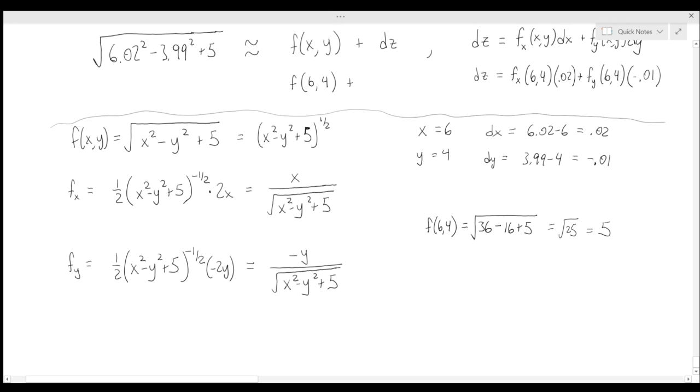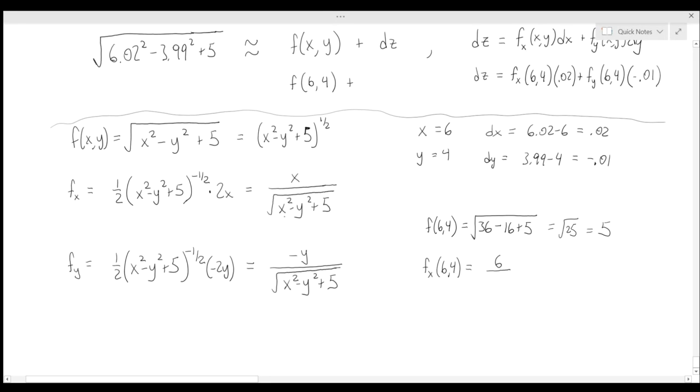All right, so let's see here. Okay, so I plugged 6, 4 into my function. I also need to plug it into the partial derivatives for the total differential. All right, so plugging 6, 4 into fx, we're going to have 6 in the numerator.